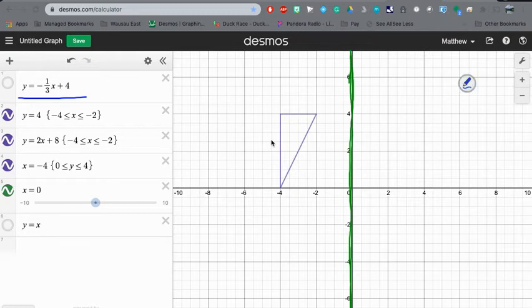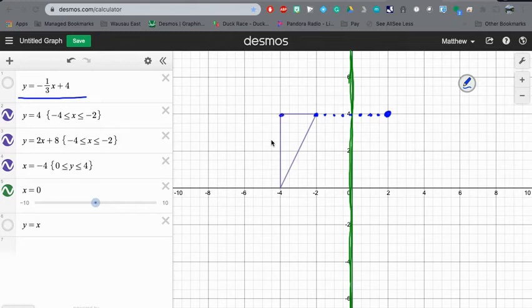In order to do that, you can either see what would happen or you need to count to the line. So going to the green line from this point, I go 1, 2, 3, 4 units to get to the line. So I need to go 4 boxes over here to get to the other point.